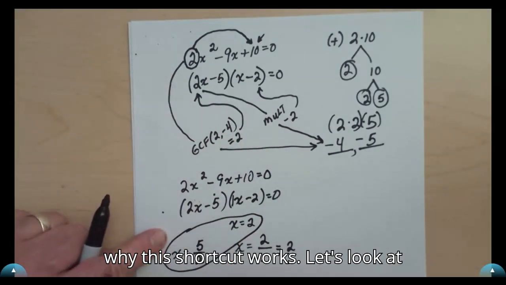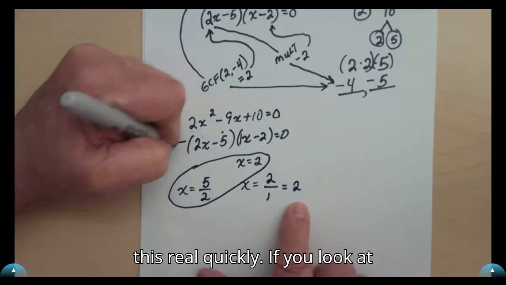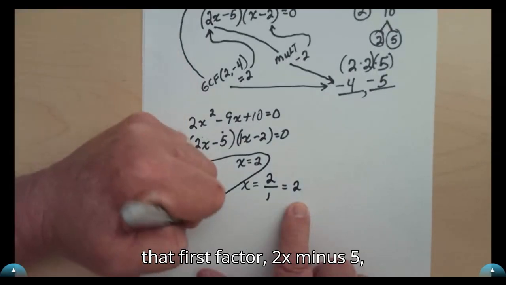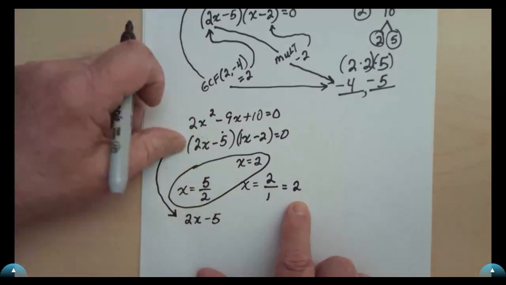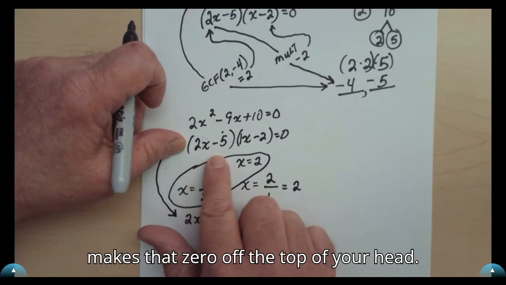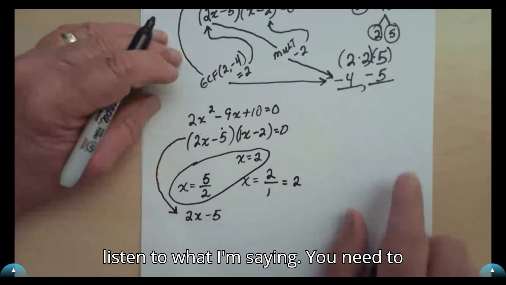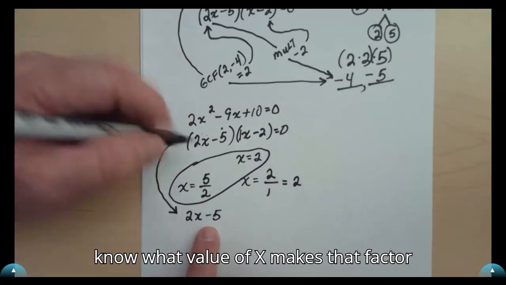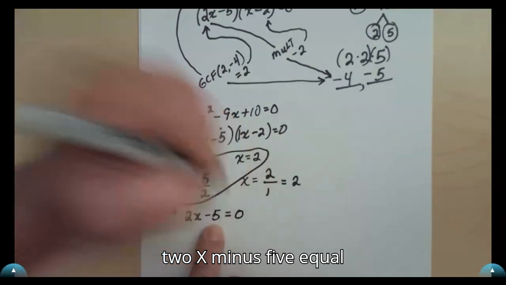Here's why this shortcut works. Let's look at this real quickly. If you look at that first factor, 2x minus 5, you don't really have to just know what makes that 0 off the top of your head. Y'all, look what I'm writing while you listen to what I'm saying. You need to know what value of x makes that factor, 2x minus 5, equal 0.